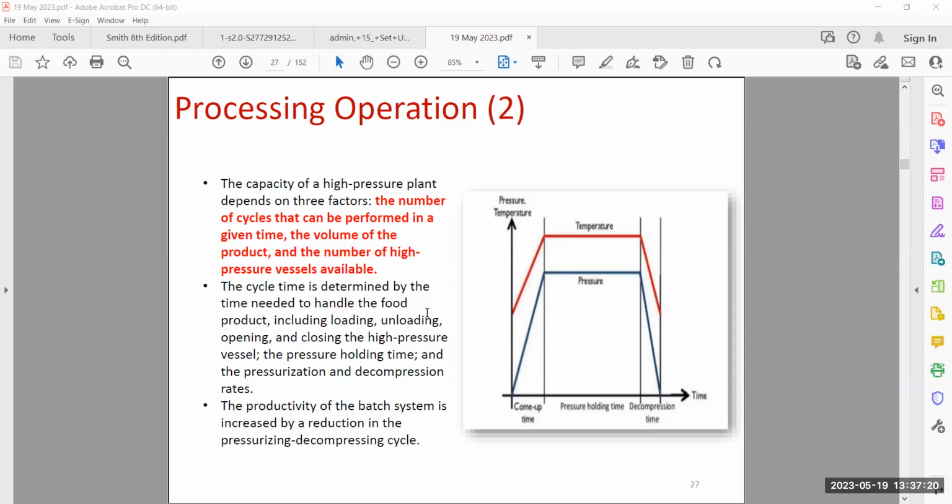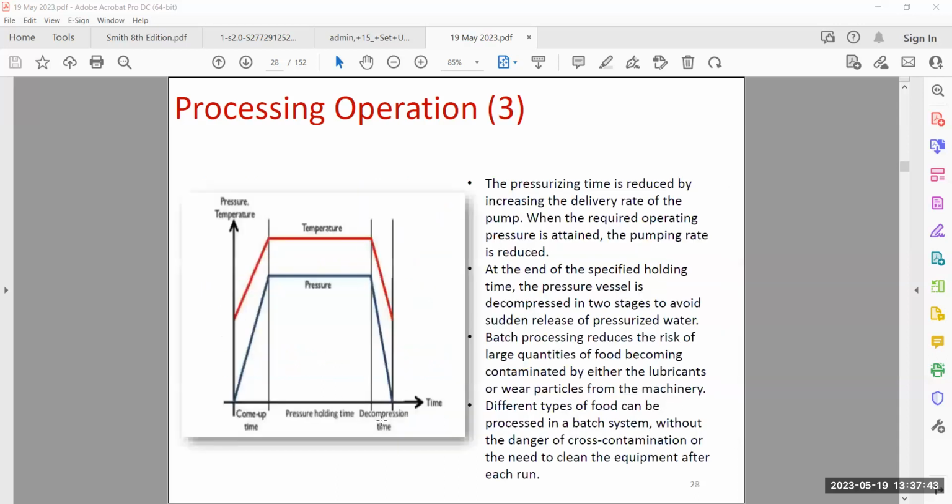So the whole cycle would take up a lot of time. So the productivity of the batch system is increased by reduction of the pressurizing and decompressing cycle. If you could eliminate both of these, or maybe minimize it to a very minimal level, then you can make the process faster.